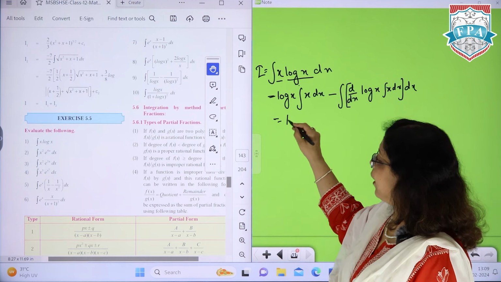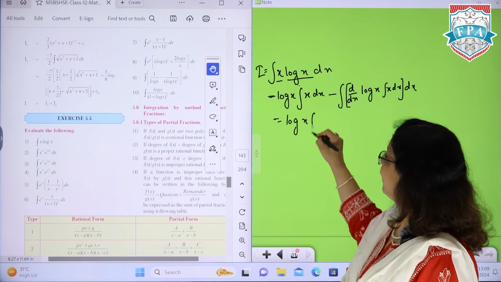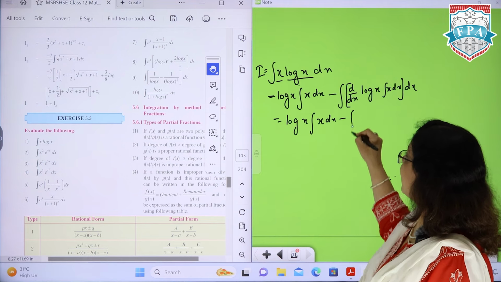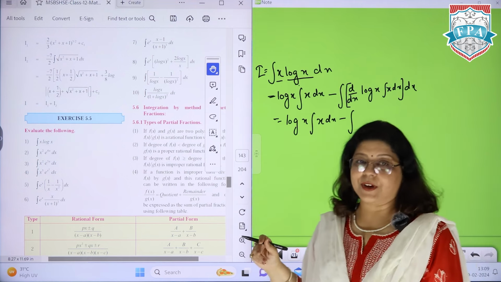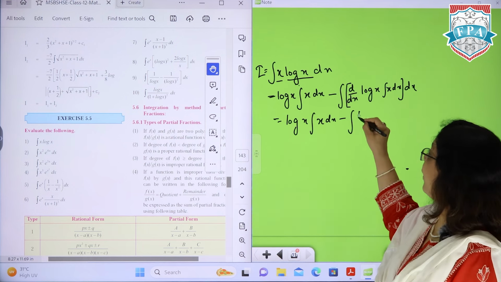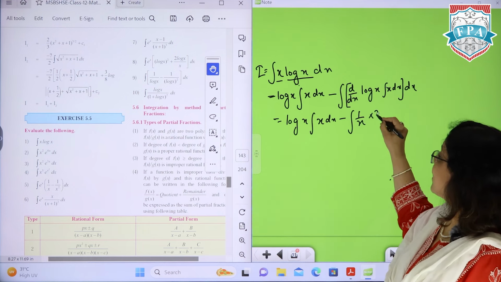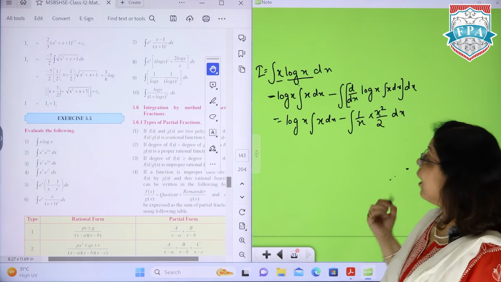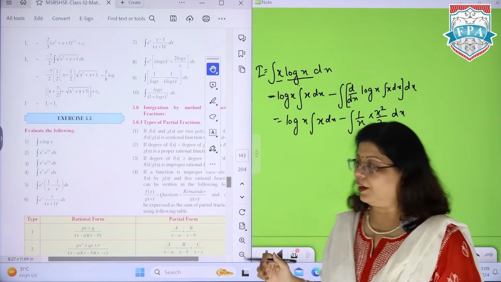So this thing will become log x integral x dx minus integral of d by dx of log x becomes 1 by x. So we'll put 1 by x. Integral of x is x square by 2 and then dx. Now we will integrate finally.